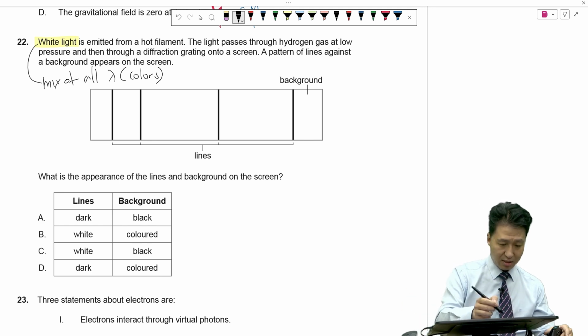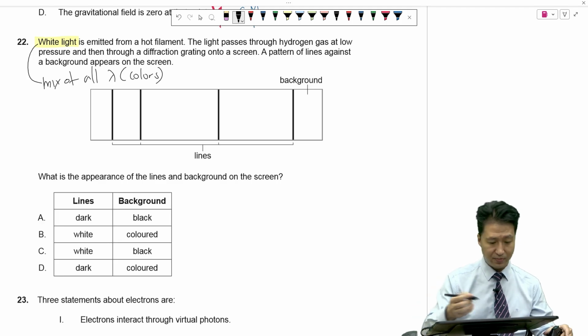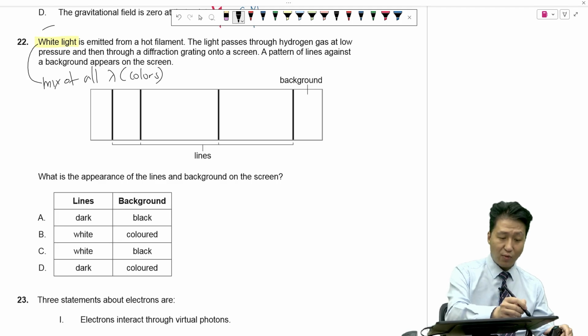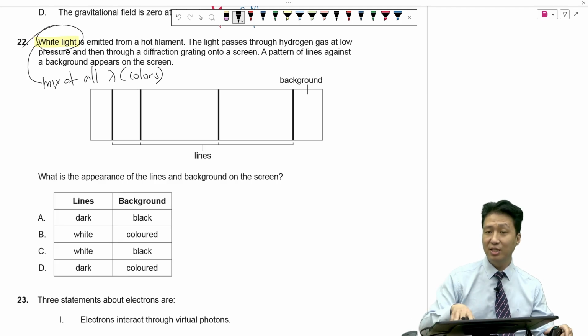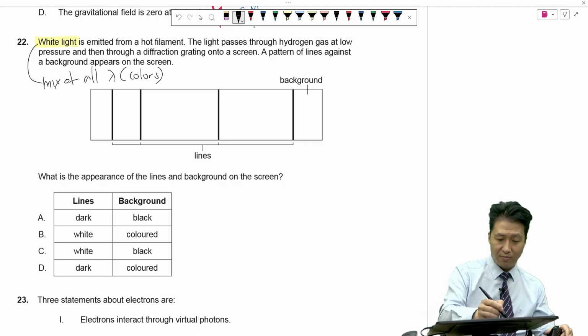But real light includes infrared, which is invisible, and ultraviolet, which is also invisible. So white light is actually what we call continuous spectrum. It contains all the colors. You would see it as a rainbow. And it passes through hydrogen gas. When it passes through hydrogen gas, it only absorbs certain wavelengths.